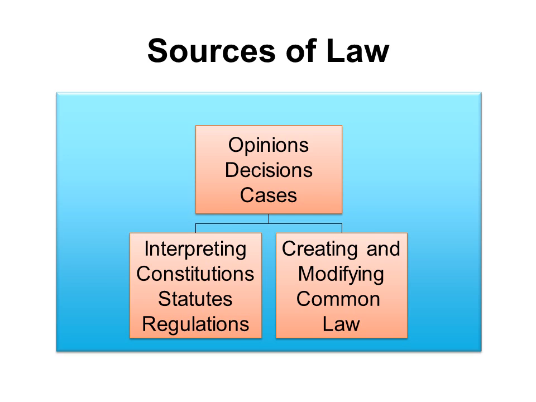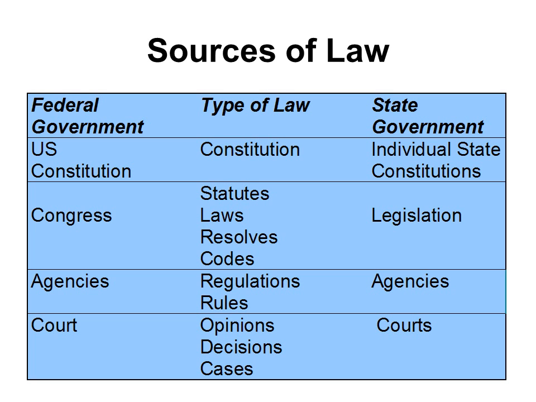But in the meantime, this chart that's come up next is a nice little layout of the sources of law. How we have the federal government areas right here, which include the United States Constitution, Congress, agencies, and court. Remember that the Constitution also deals with the executive branch, which does have some lawmaking authority.